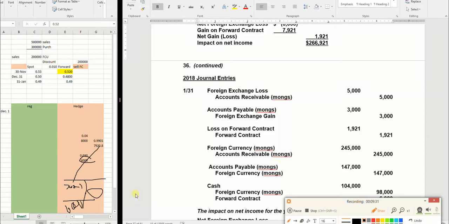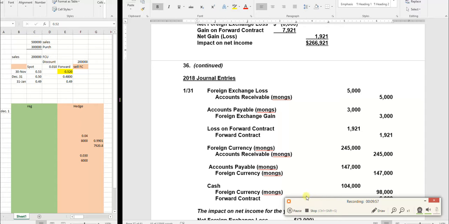So now I have to credit it to take it down to 6,000, and so I'm going to take it down by 1,921. I don't have my 3 entries because this is a fair value hedge. I just have the 1. So I'm going to credit, this is my forward contract. That's what its value is. I need to credit it for that difference and debit loss.